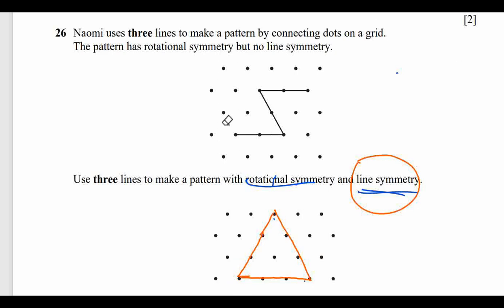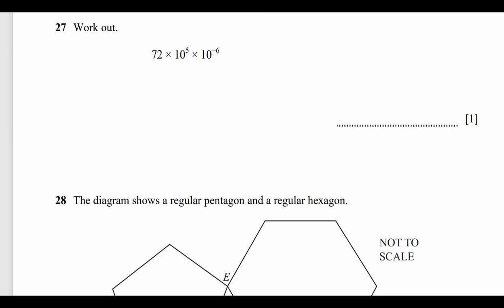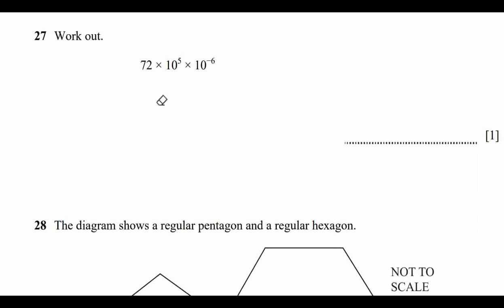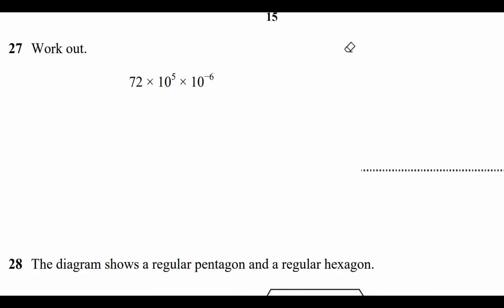Alright, next question 27. Work out 72 times 10 to the power of 5 times 10 to the power of negative 6. Since it has the same base of 10, we just have to add the indices, 5 plus negative 6, and then we have 72 in front.